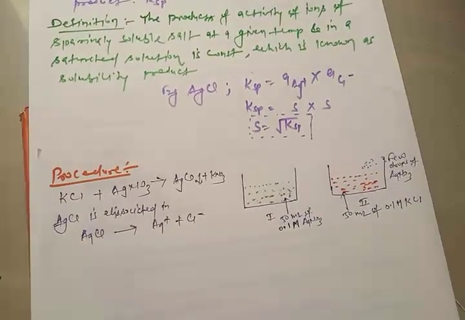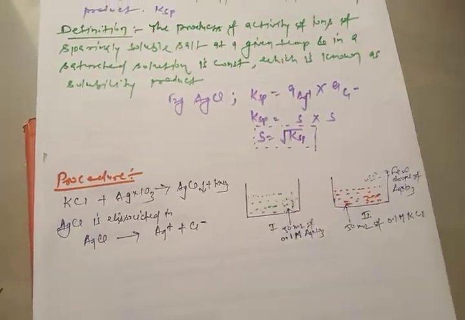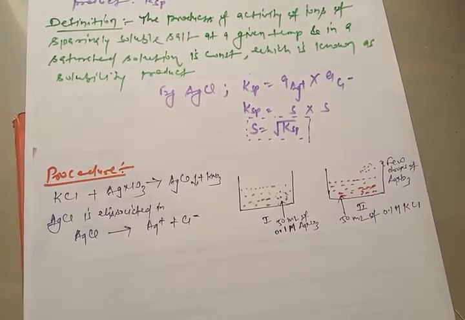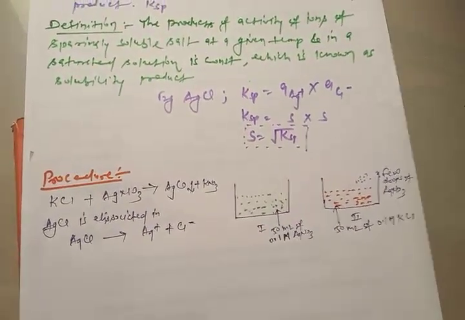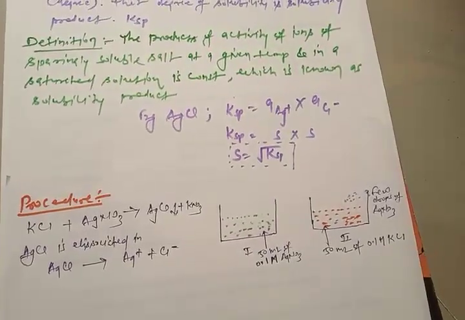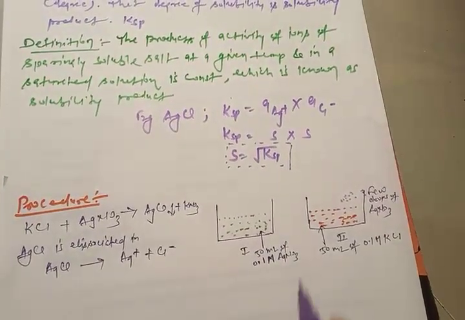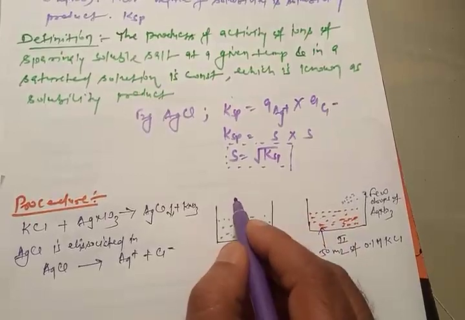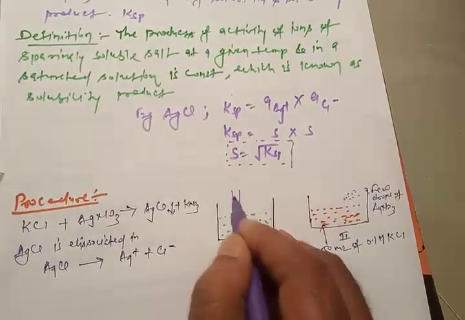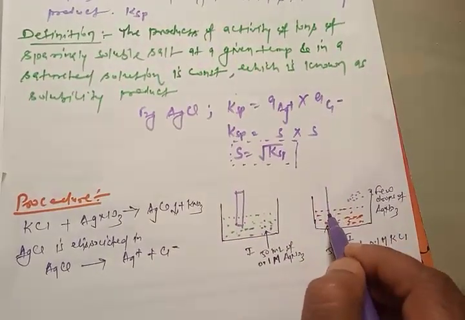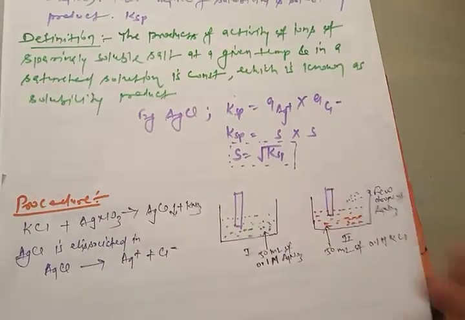Okay, now what we can do next is put a silver plate in the two beakers. So here I am putting the silver plate. This is a silver plate and this is also a silver plate.